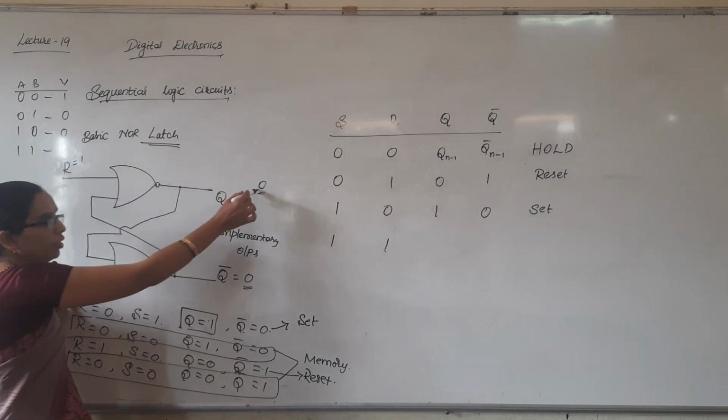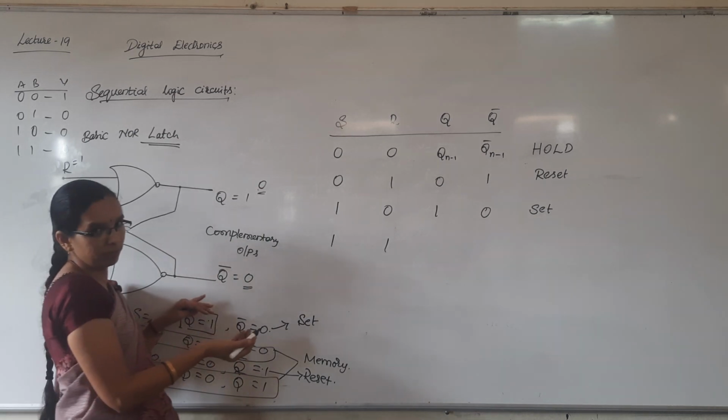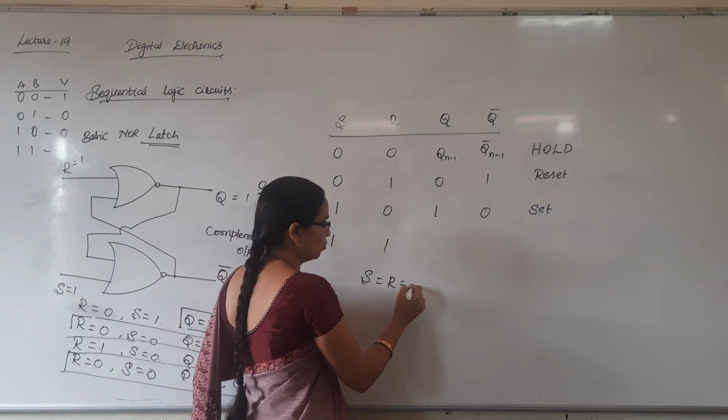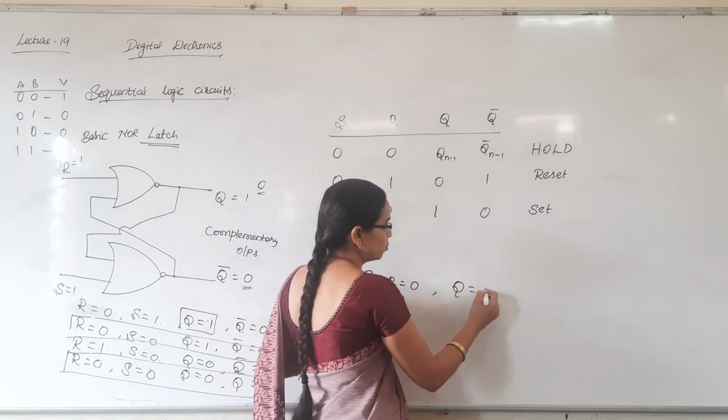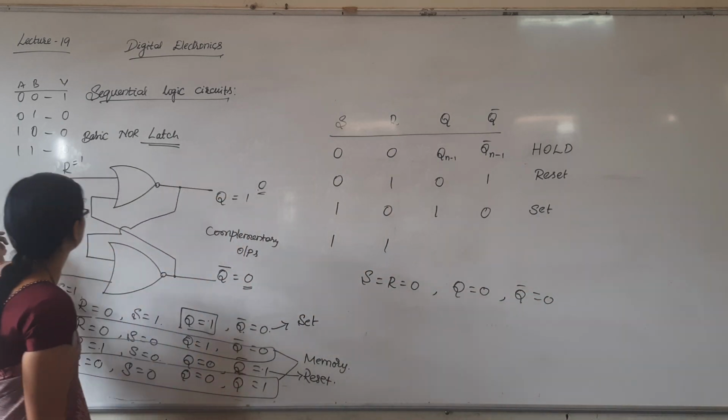Both are going to be set as 0 only, which is not possible. That means when S is equal to R is equal to 1, Q is equal to 0 and Q bar is also equal to 0.